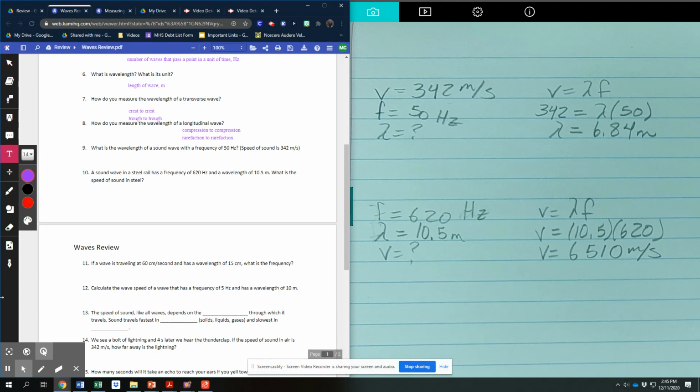So that's quite a difference, right? Sound travels a lot faster in solid materials.